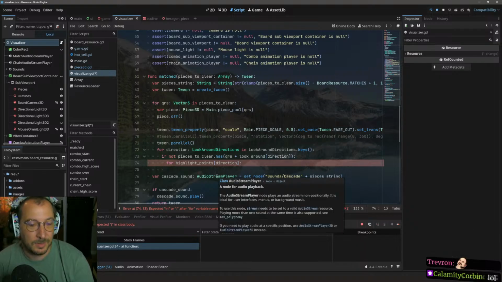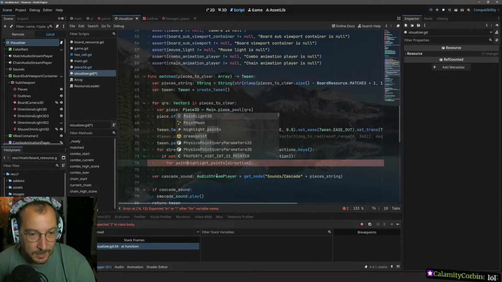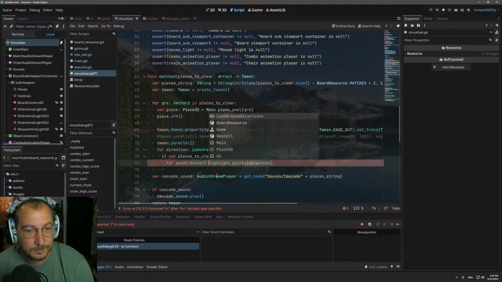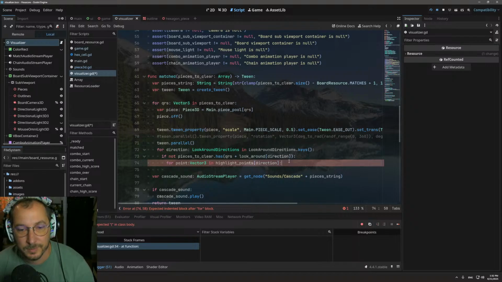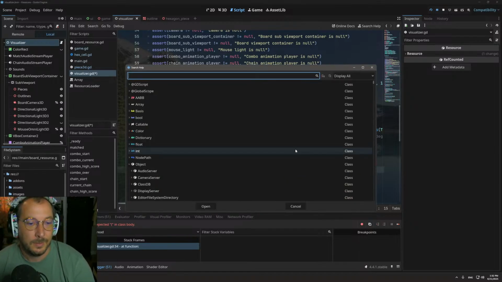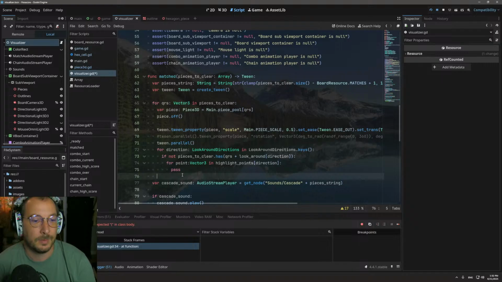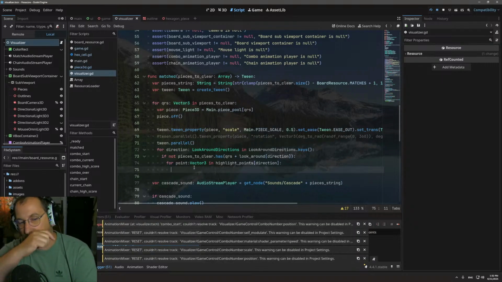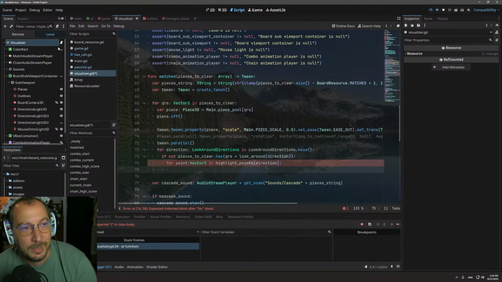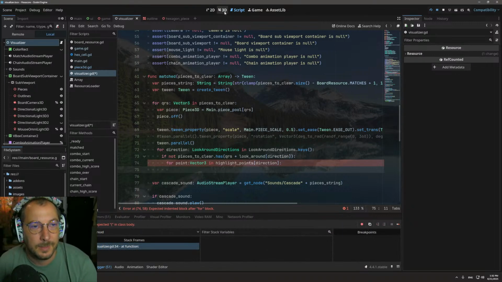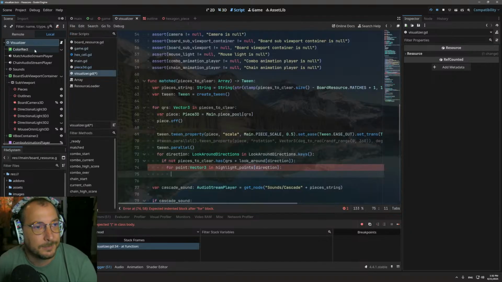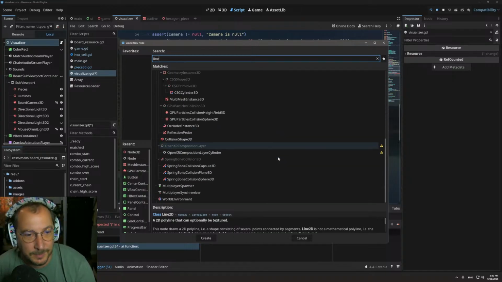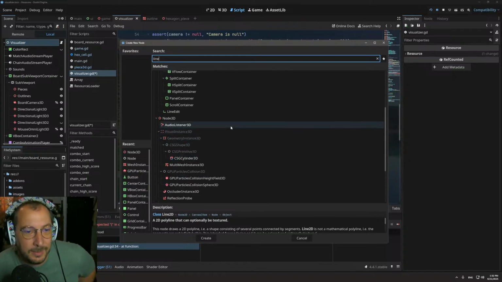Point is a Vector3 in highlight points. All right, so then for each point, we need to draw a line. Now, I don't think there's a Line 3D, right? Is there? I don't know. Let's find out. Let's see if we can find line something. Line 2D. There ain't no Line 3D.